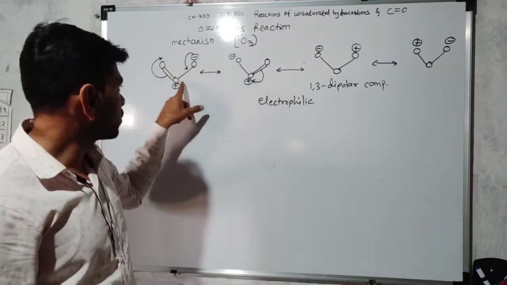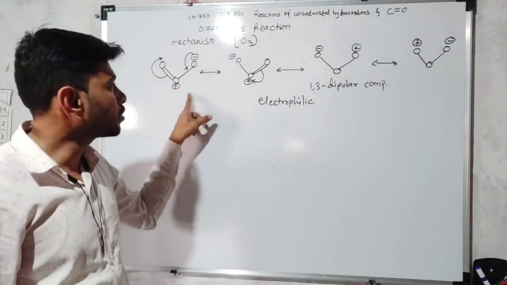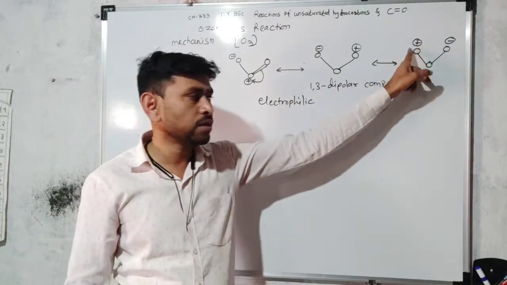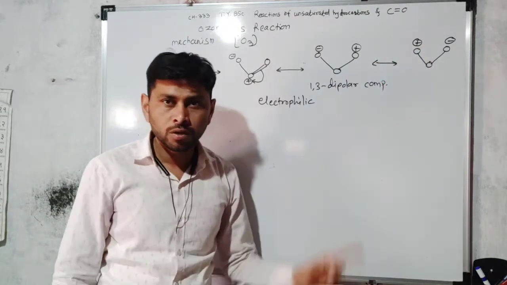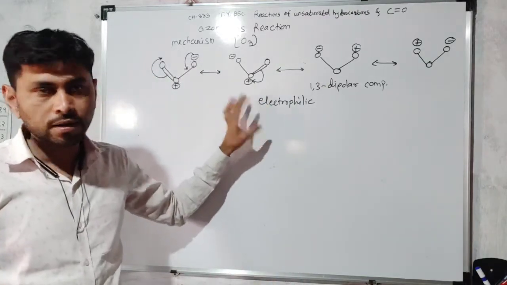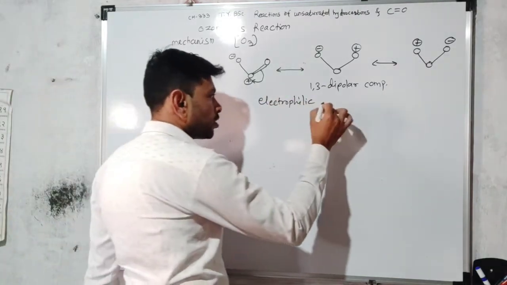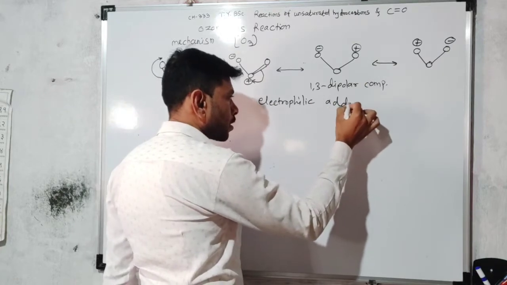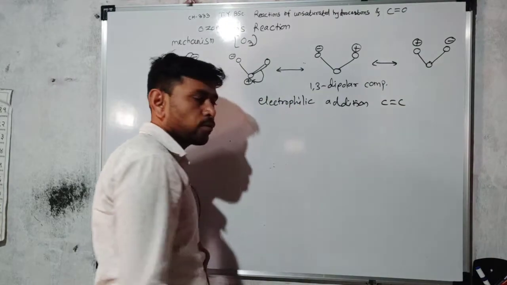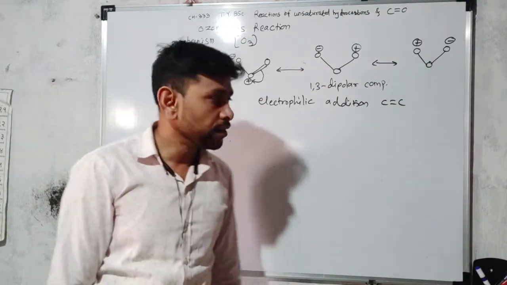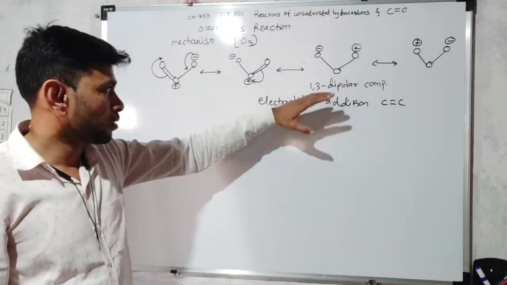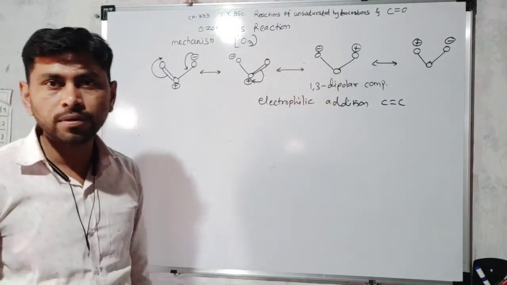See here, this central oxygen atom has a positive charge, the right oxygen atom has a positive charge, and the left oxygen atom has a positive charge. So every atom of ozone has electrophilic character, and that's why electrophilic addition to a carbon-carbon double bond is possible. And since it is a 1,3 dipolar compound, 1,3 dipolar addition is possible in ozonolysis, between ozone and the carbon-carbon double bond.